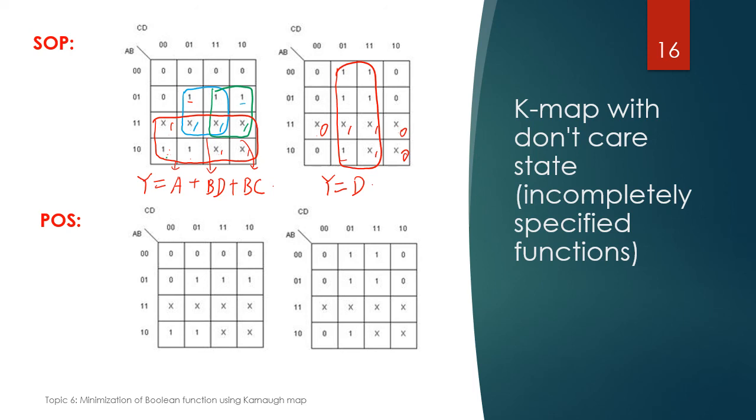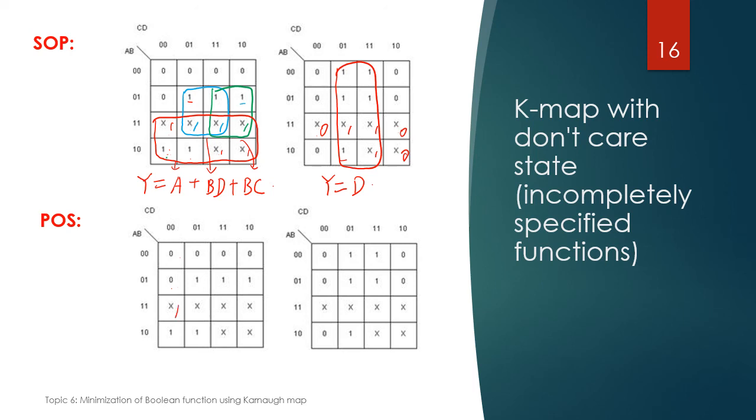So you get the idea? We can also do this for the POS. Now I want to do POS. I have 5 0s here. For this 0, if I pick this to be 0, it actually won't help much because I only have 3 squares adjacent to each other, and we cannot make a group of 3, right? So it won't help much if I put this as 0.